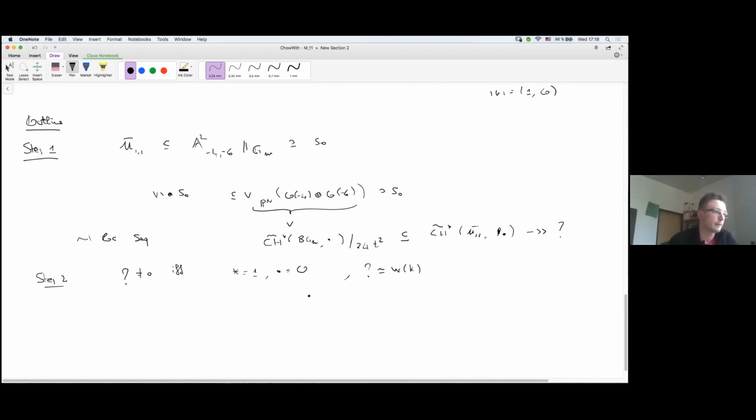Anyway, this basically tells us that a generator of this Witt ring, together with the generators of the Chow-Witt ring of BG_m, give us all the generators for the Chow-Witt ring of M11 bar.